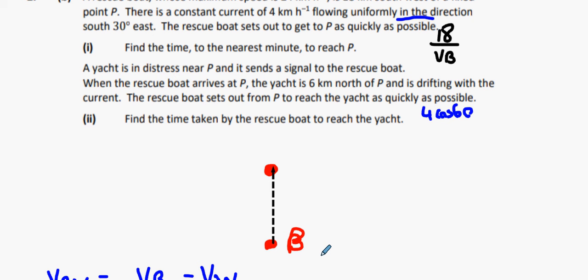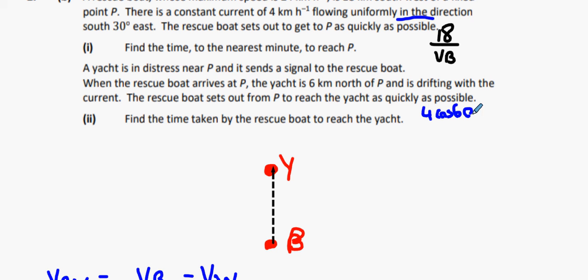So we're still B. We're B at point P, and the yacht is Y. When the rescue boat arrives at P, the yacht is 6 kilometers north of P and is drifting with the current. The rescue boat sets out at P to reach the yacht as quickly as possible.